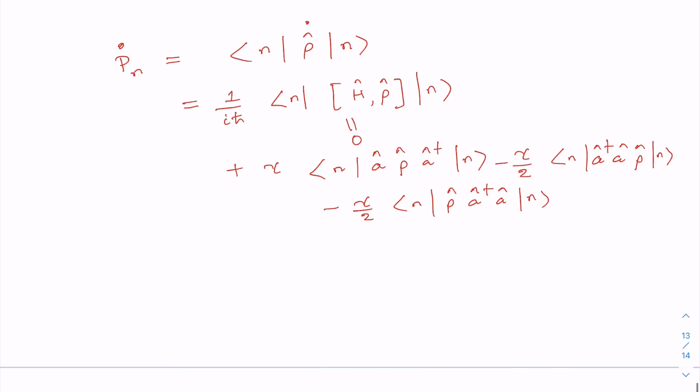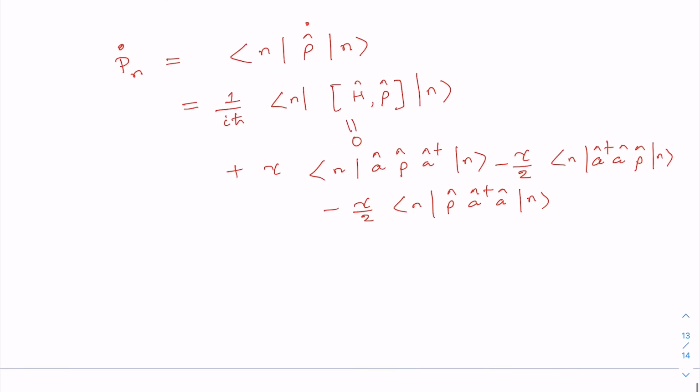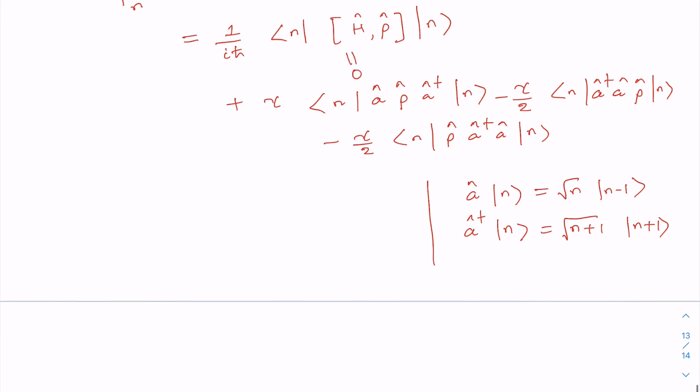So you recall these relations we know from our quantum mechanics, that a when it operates on the Fock state n will give root n, minus 1, and a dagger on n will give us square root of n plus 1, the Fock state n plus 1.